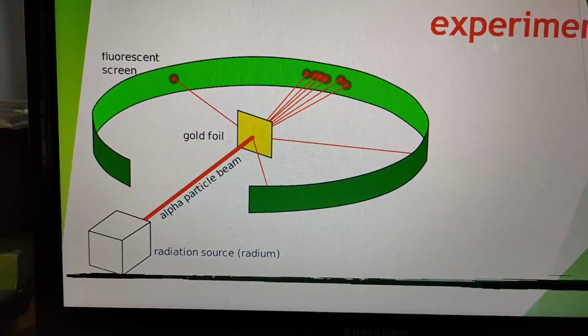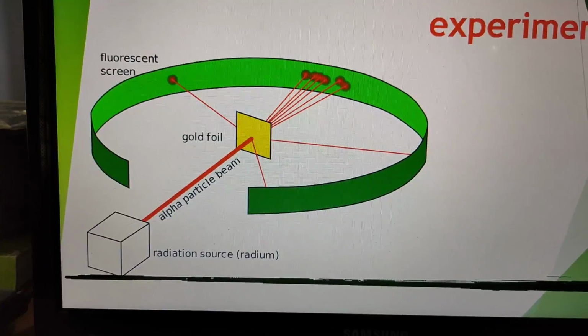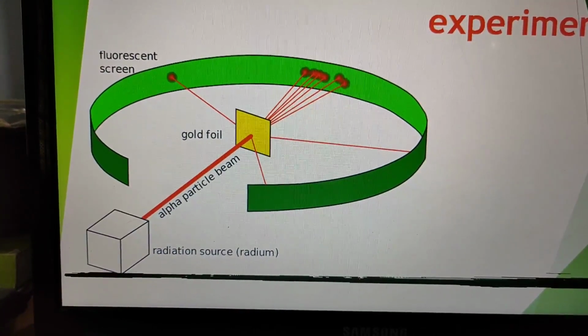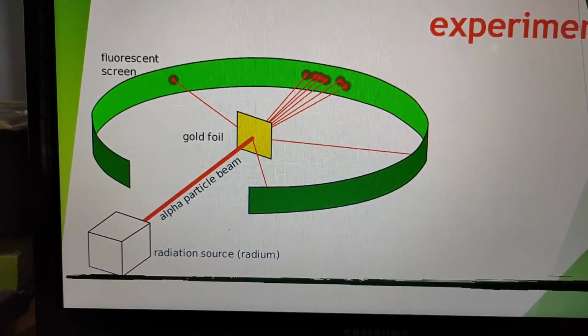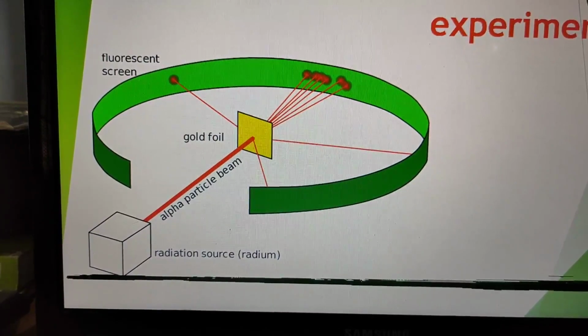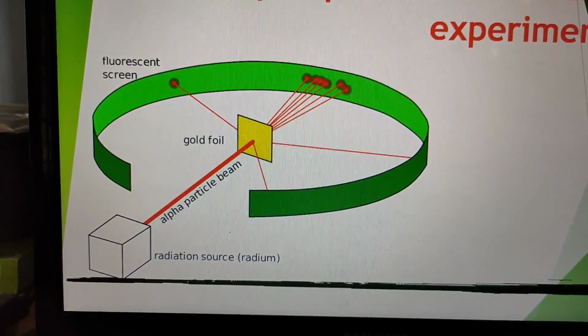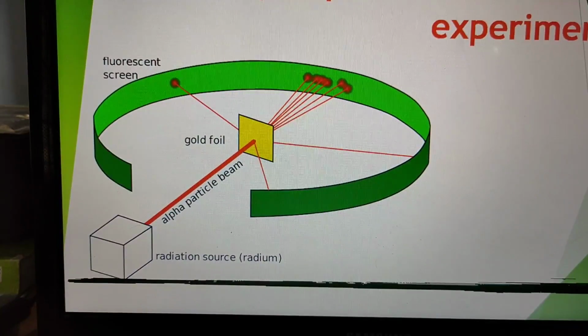And only a very small number of alpha particles were scattered at some angle, and only one or two, a very small number, were retraced back. This means that for particles whose scattering angle is small, like 0 degree, 1 degree, 2 degree, the number is more.